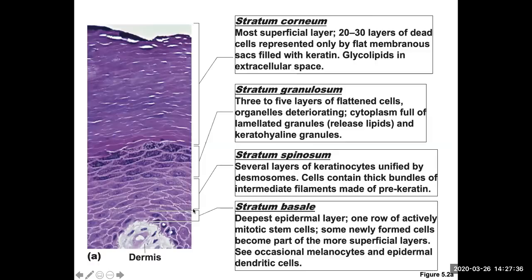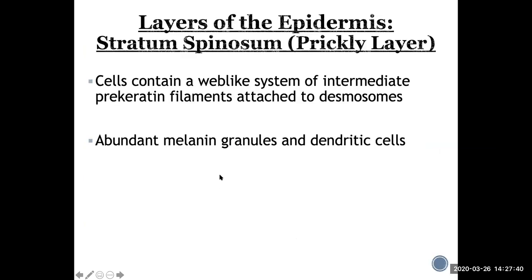Okay, so once again, that layer is here. Just superficial to that, we have the stratum spinosum. These are cells that have pre-keratin filaments, so we're starting to produce keratin. They are attached by desmosomes, which again are those tight junctions like tack welds that hold cells really, really strongly together. We also have lots of melanin granules and dendritic cells.